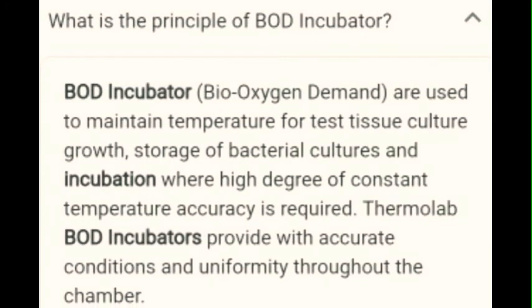Incubators are used to maintain temperature for tissue culture, growth, storage of bacterial culture, and incubation, where a high degree of constant temperature accuracy is required. So the biological oxygen demand of the tissue or culture or other test is maintained by the temperature inside the incubator.